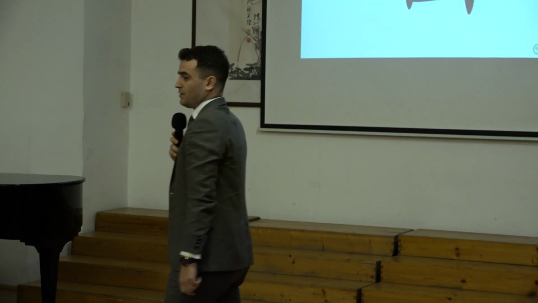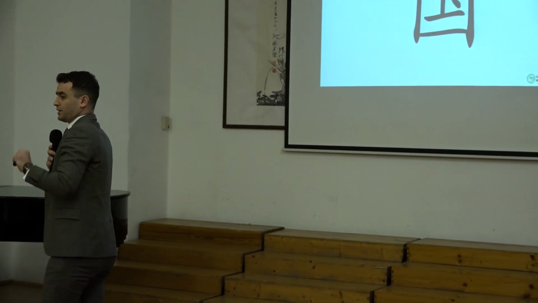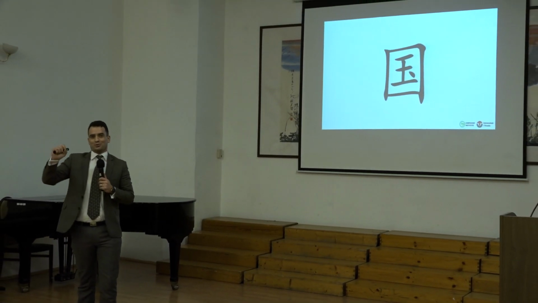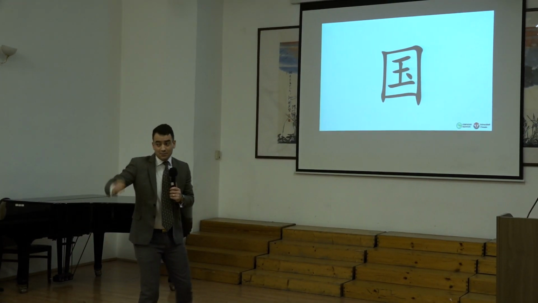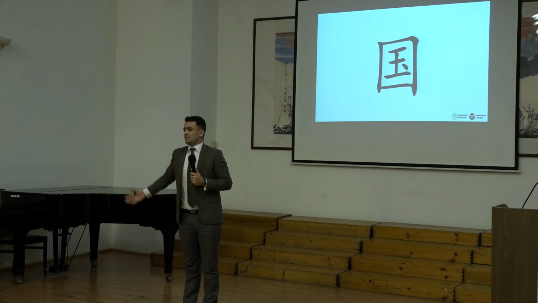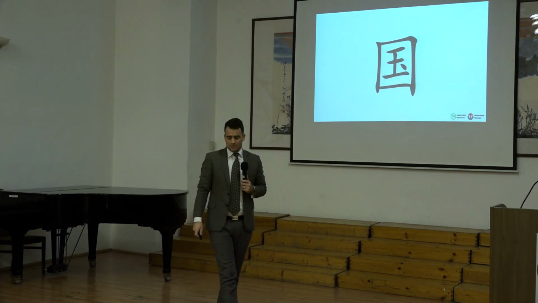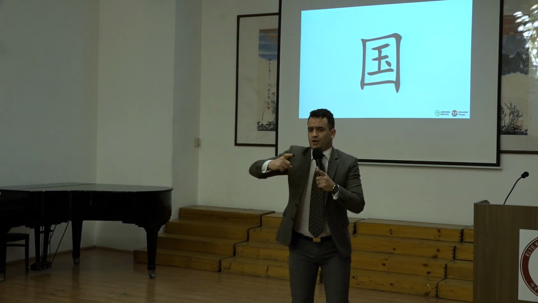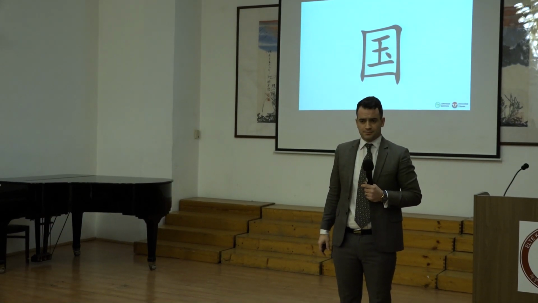Second character. Not all the characters are true to its meaning when I break them up. Some of them, I make them up. I make them up to make it more interesting. Let's see the radical. What does that mean? Enclosure, right?